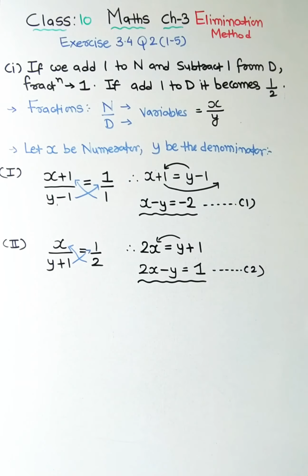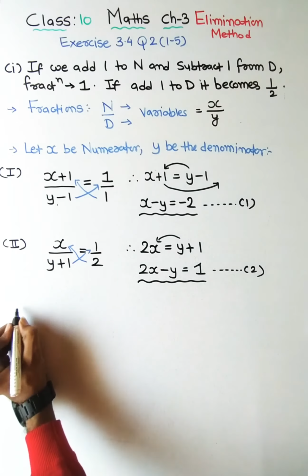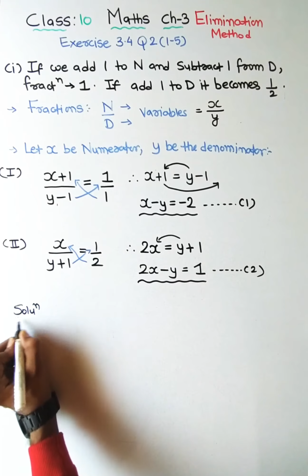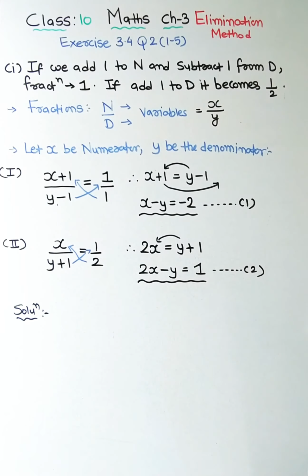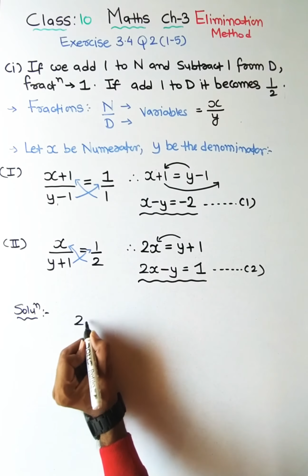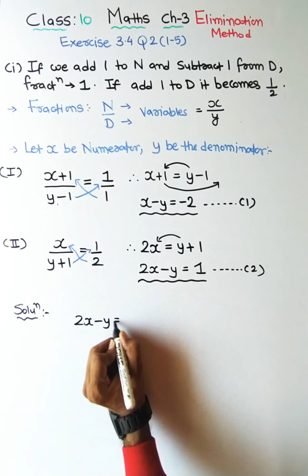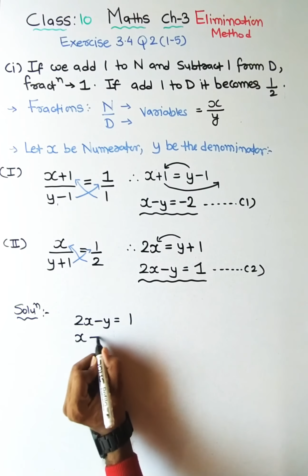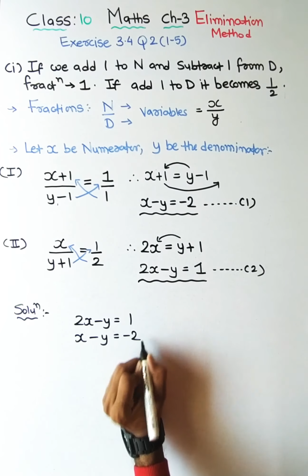Now as we have successfully made two equations, let us go for the solution. So now the solution will be by elimination method. Any one variable must have equal coefficient. Then and only then we can solve. So now let us write 2x minus y equals 1 and x minus y equals minus 2.